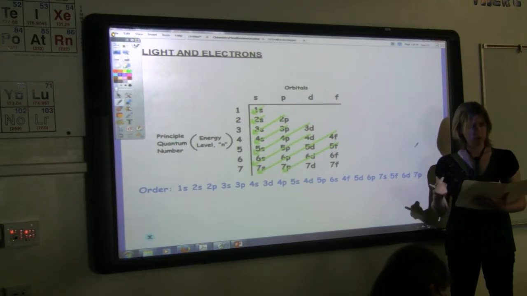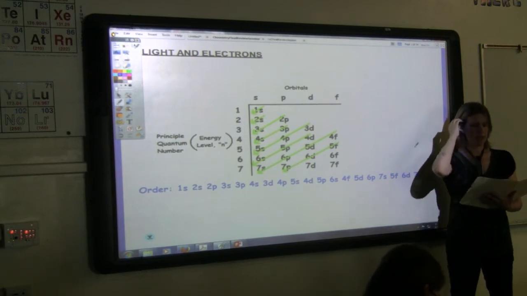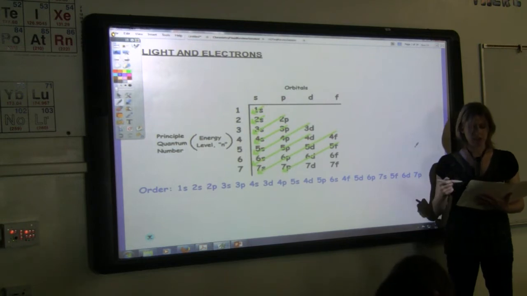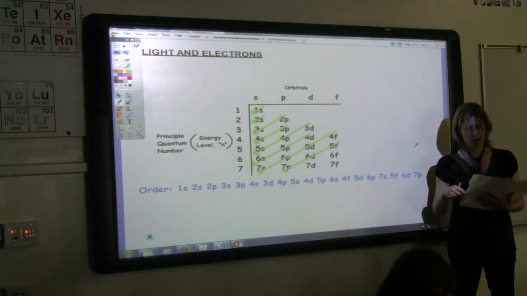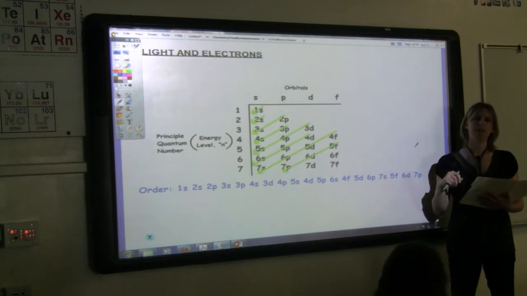An example question of that would be an atom has an electron configuration of 1s2, 2s2, 2p6, 3s2, 3p6, 4s2, 3d10, and 4p5. How many valence electrons does it have?